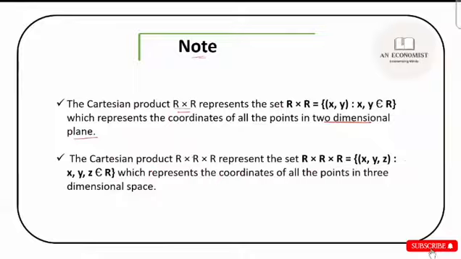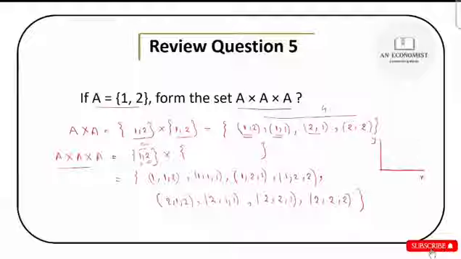Now what happens if we increase our dimension and write R cross R cross R? It will represent the elements x, y and z such that all these elements are also in R, which represents the coordinates of the set of points in 3-dimensional space. If you see this example, here all the elements have 3 coordinates, right? So you can't plot it in the xy plane.